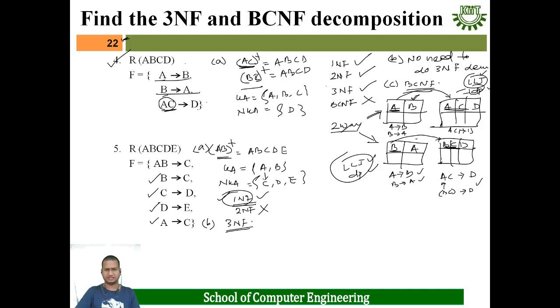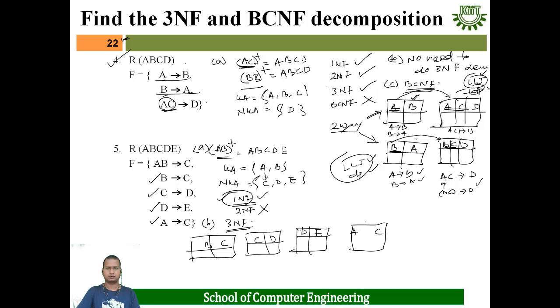That means first I will take BC in one table, then CD in another table, then DE in another table, then AC in another table, then all other attributes except C, D, E, that means A, B, will be in one table.